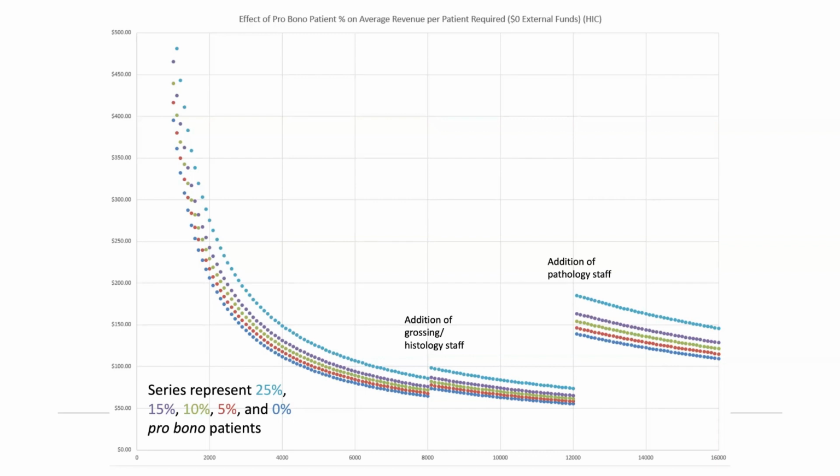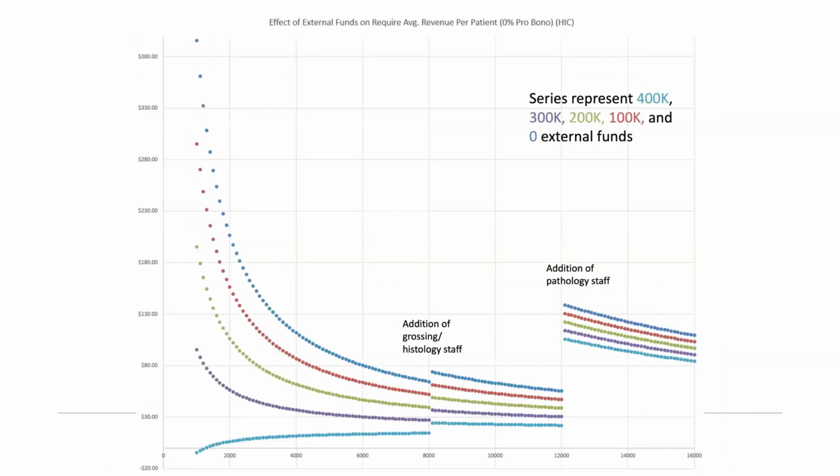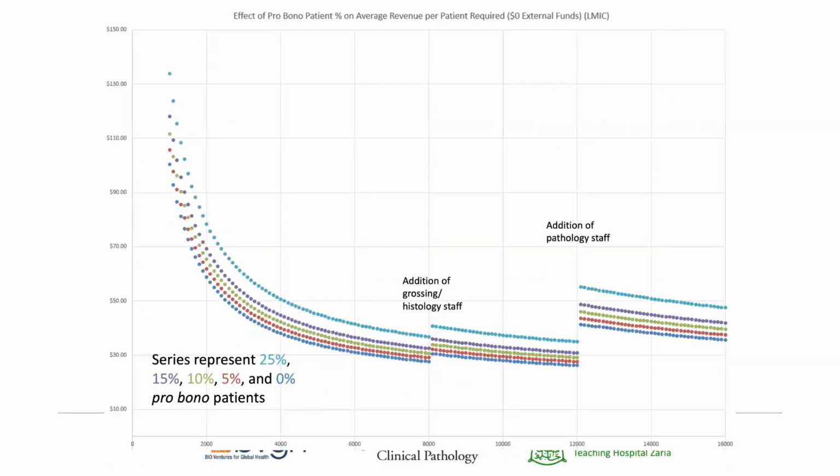$10 to $15. So we can actually have everyone that comes in to the lab in this 25% series pay around $70 for their histology, and we can have up to 25% of our total patient population come in that doesn't need to pay.